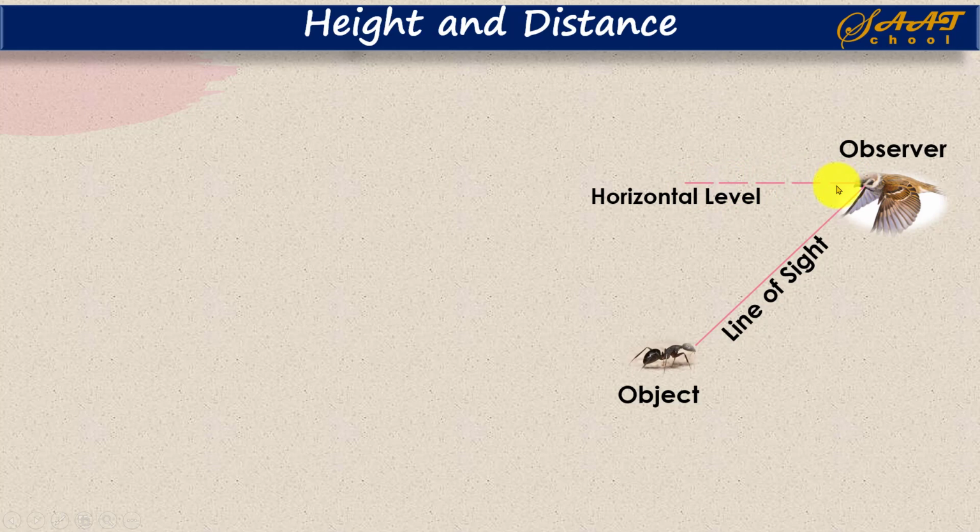Now there is an angle between this line of sight and the horizontal level. Again, here the observer is at the higher level, and the ant, which is the object in this case, is at the lower level. In this case we have this angle, and that is known as the angle of depression.